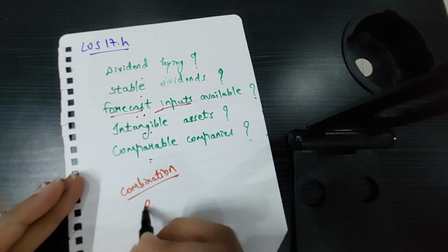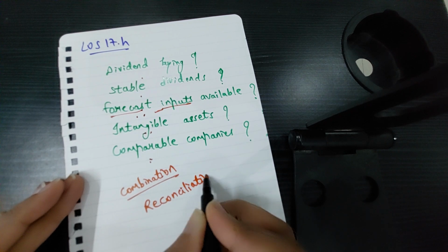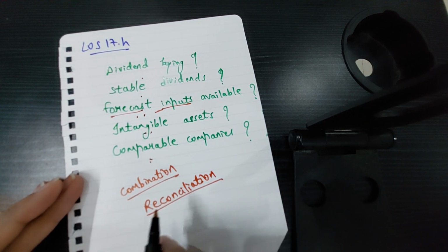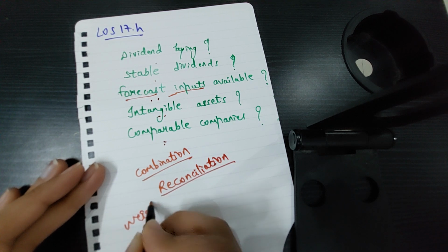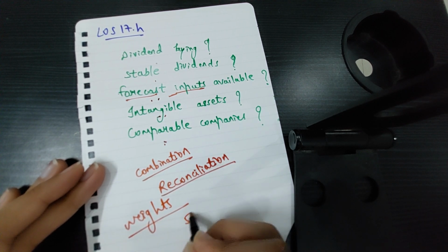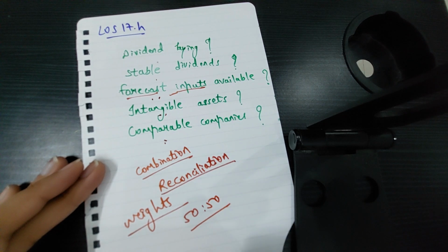And then there is something called reconciliation of methods: the methods should reconcile. If you're using different methods, different weights are given to each method. For example, if you see that both methods are equal, you will give 50% weight.